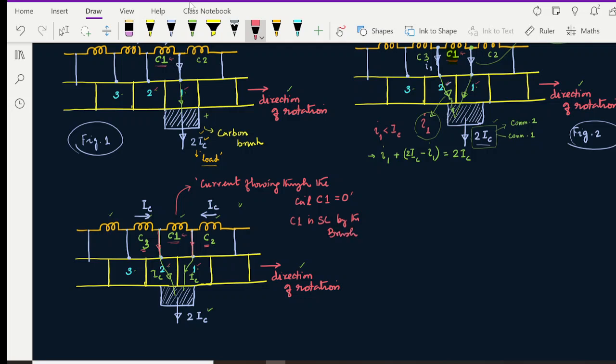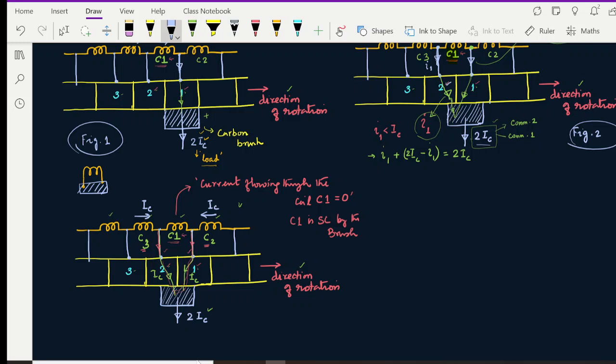When you say coil 1 is short circuited by the brush, how do you understand it? You look at that. The two ends of coil 1 are now electrically connected through the brush. If you look at the diagram separately, let us say this is my coil 1, and these two sides are just shorted by the brush.